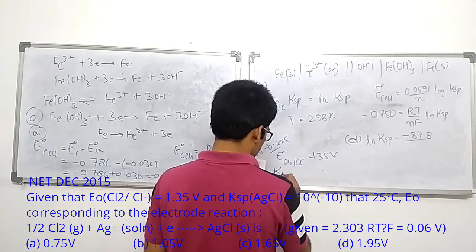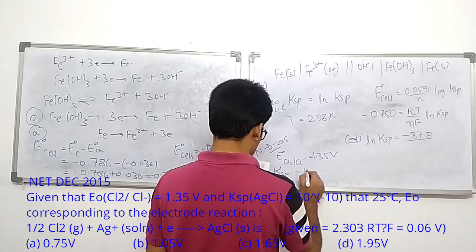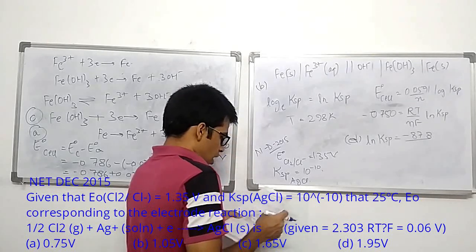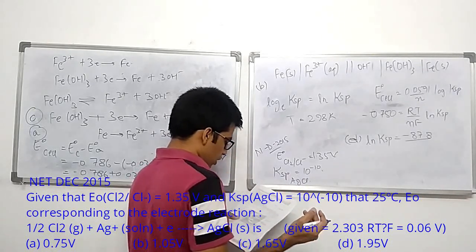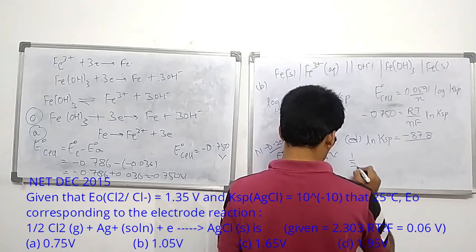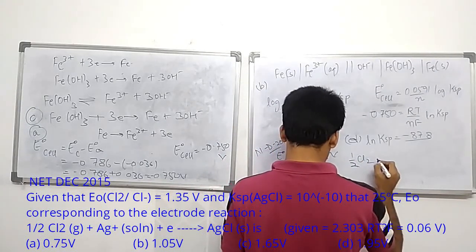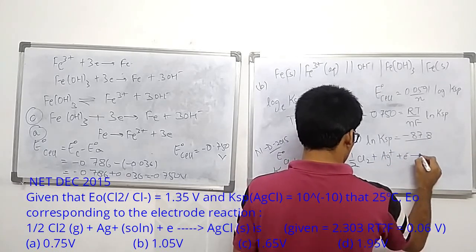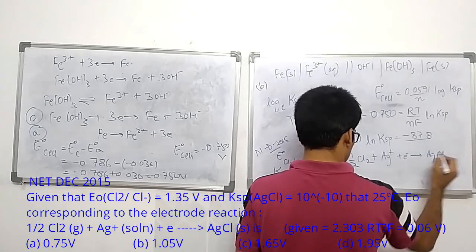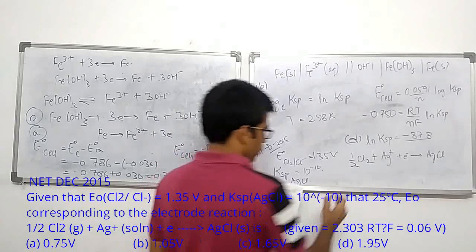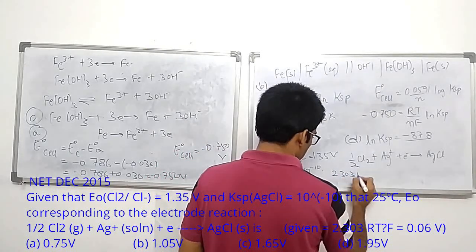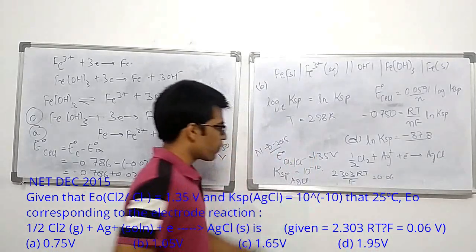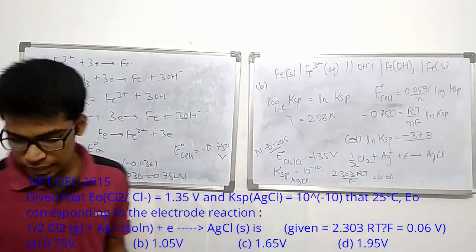Then you have KSP equal to 10 power minus 10 for AgCl. And you have to find the E naught for the electrode of the reaction half Cl2 plus Ag plus electron gives AgCl. And they have also given 2.303 RT by F is equal to 0.06. You have to find the E naught for this cell reaction.